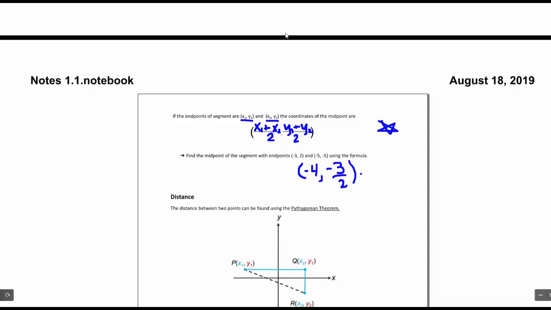But probably, since we're talking about a point, we would probably want to write that as -1.5 or -1.5. Either one of those means the same thing. And that way, since we are talking about points on a graph, you're seeing that that's in between -1 and -2.